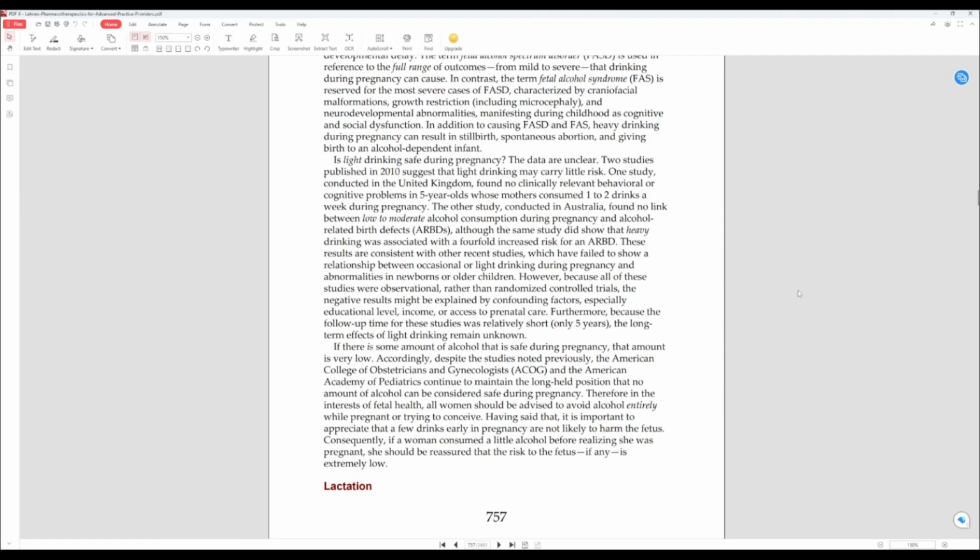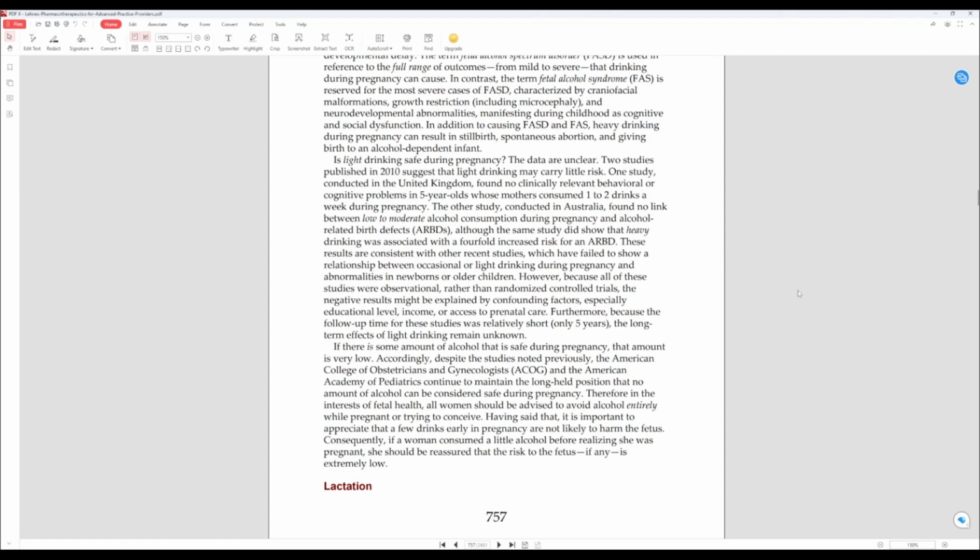If there is an amount of alcohol that is safe during pregnancy, the amount is very low. Accordingly, despite the studies noted previously, the American College of Obstetricians and Gynecologists and the American Academy of Pediatrics continue to maintain the long-held position that no amount of alcohol can be considered safe during pregnancy.